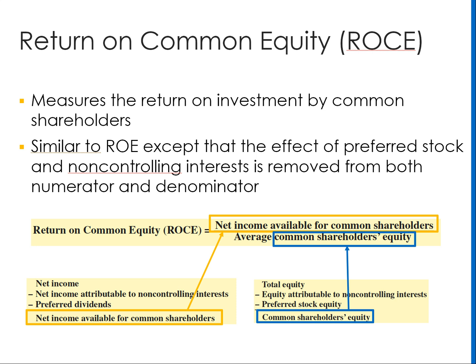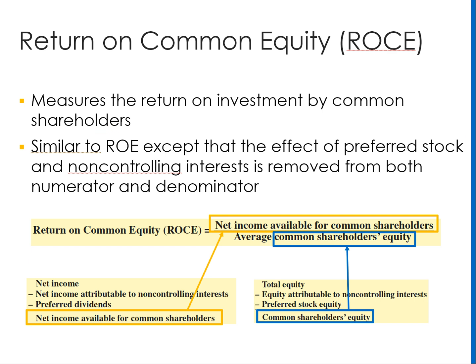In previous lectures, we talked about return on equity, the ratio measured for all shareholders on total equity. If we look from the common shareholders' perspective, a better measure is the return on common equity, ROCE. This is the return on investment made by common shareholders.